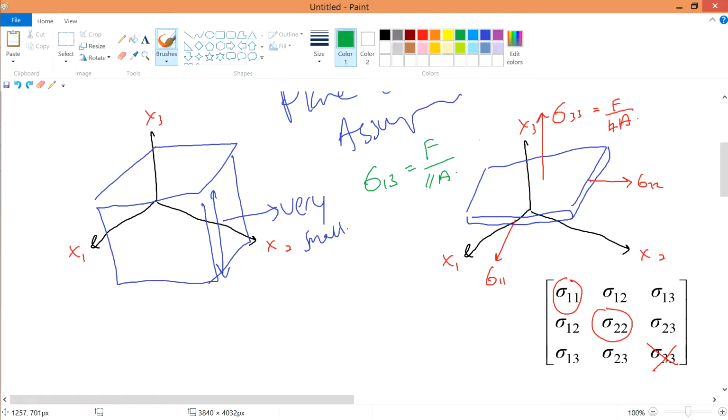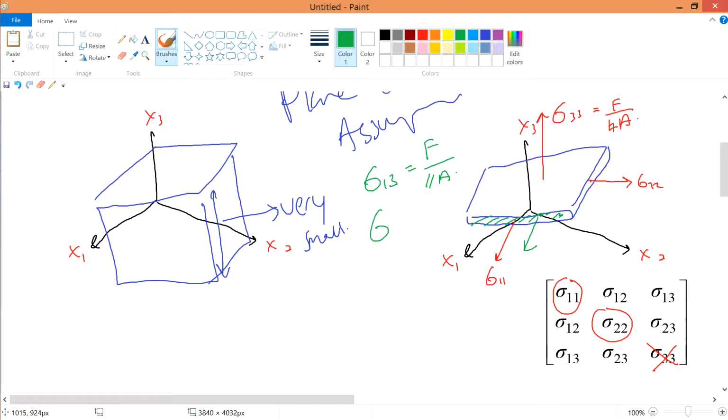Sigma 13 is applying in this direction. It's applying on plane 1, and then plane 1 at the area of plane 3. I think you should get what I mean. It's plane 1 and its parallel area, which is this one. As you can see by the formula itself, this is very small.